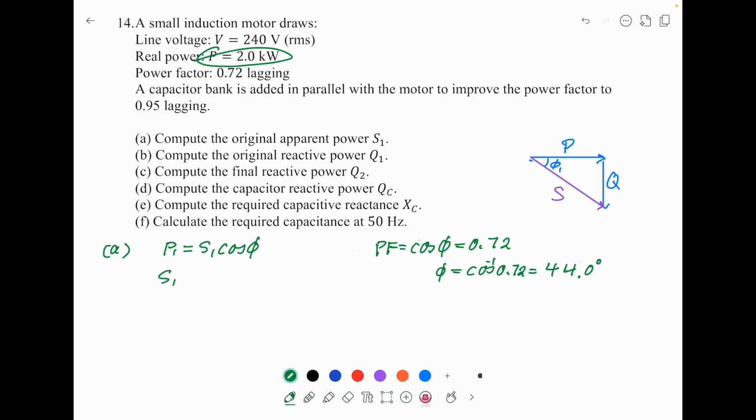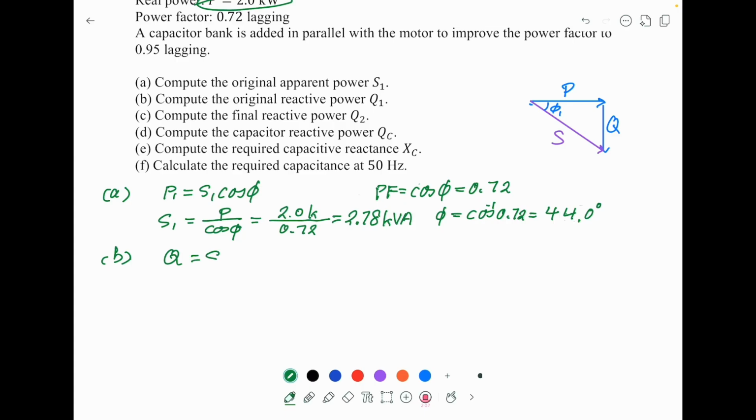So S1 is equal to P over cosine phi, or it is equal to 2.0 K over 0.72. So S1 is equal to 2.78 K, and the unit is VA.